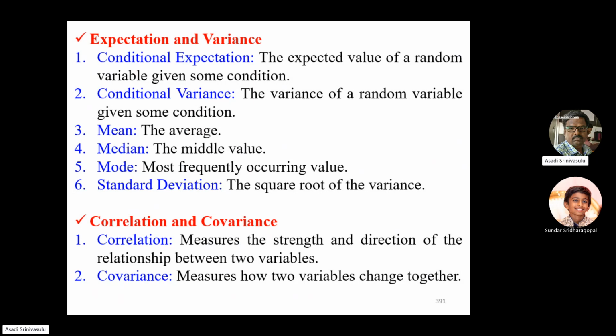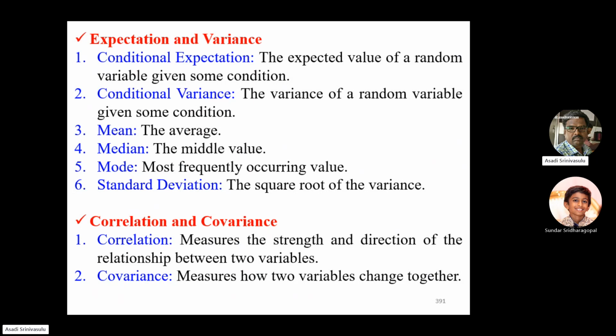What is conditional expectation? Conditional means constraint oriented. The expected value of a random variable given some condition, maybe negation, maybe true or positive, maybe greater than, less than. Conditional variance is nothing but the variance of a random variable given some condition.